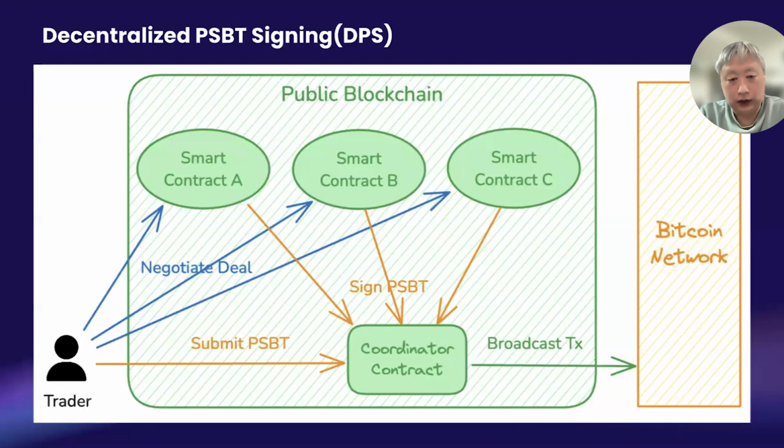So the atomicity of the transaction will be ensured by the coordinator contract. And if all the involved smart contracts sign the PSBT, then it can be transformed into a settlement transaction and broadcast to the Bitcoin network.